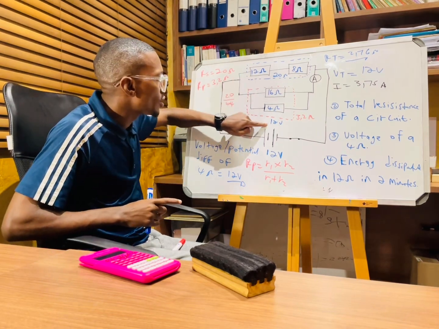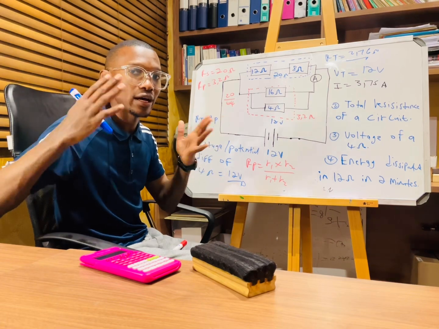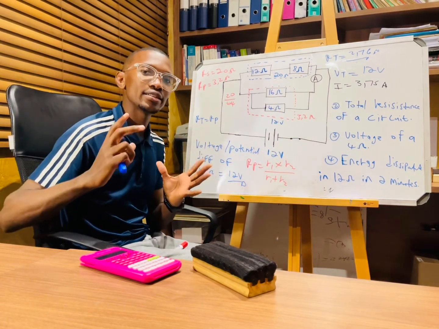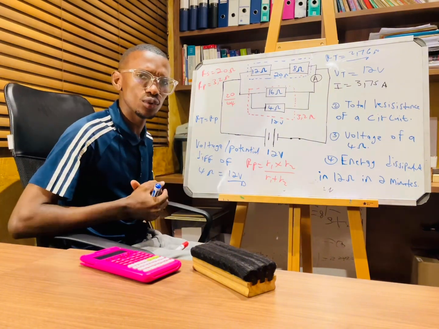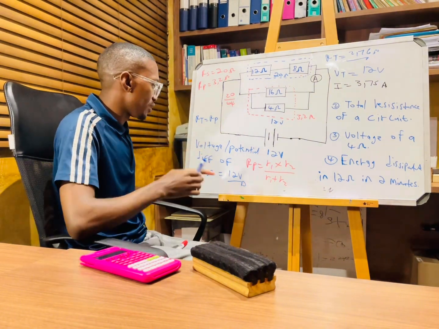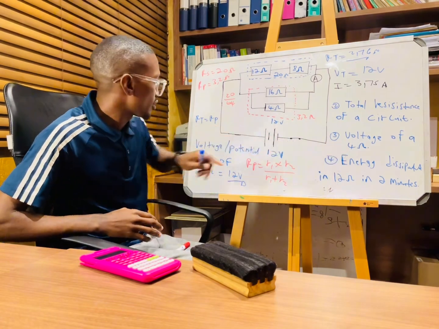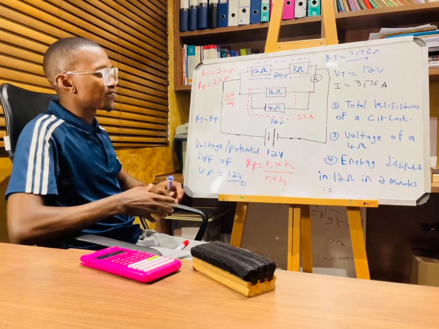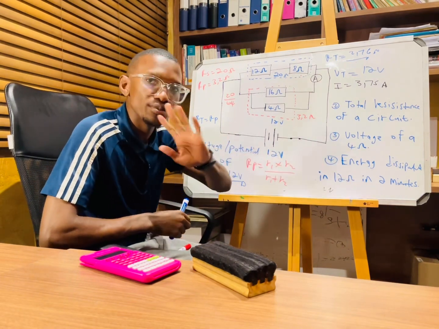These ones will share the voltage, but not the current. I hope I simplified that nicely. If you didn't understand, please comment in the comment section below. The voltage for this one is 12 volts. Now we need to calculate the energy dissipated in the 12 ohm in 2 minutes.